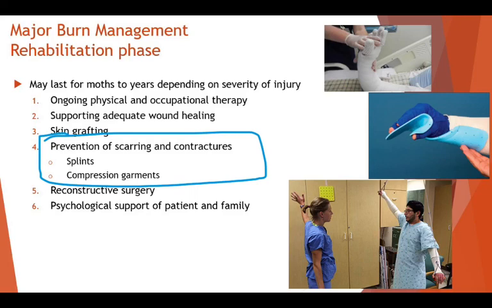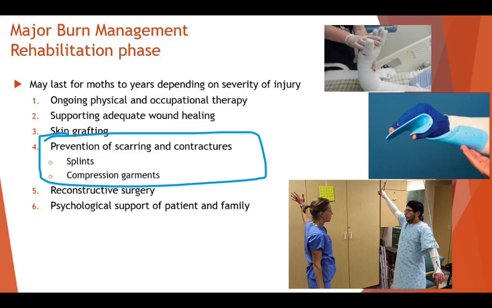So as the patient is healing from burns, they will be undergoing multiple physical and occupational therapy sessions. Even a fully burned, 90% burned patient will be doing PT and OT within a couple of days of their burn. And then as you put skin grafts on, as new skin forms, it's at high risk of scarring into a place where you're contracted.